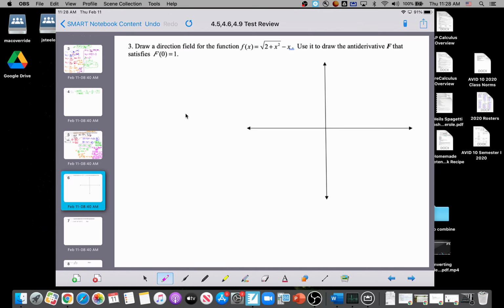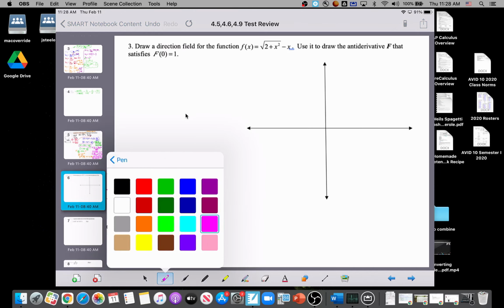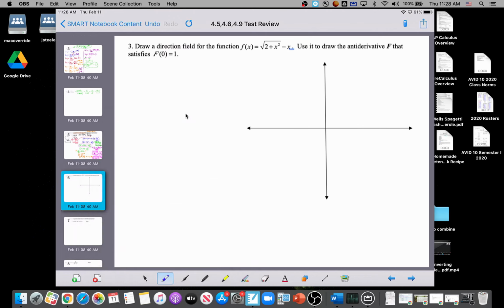All right, well, first of all, I want to remind you of the relationship between f of x and its antiderivative capital F. The y values on little f of x are the slopes on capital F of x.